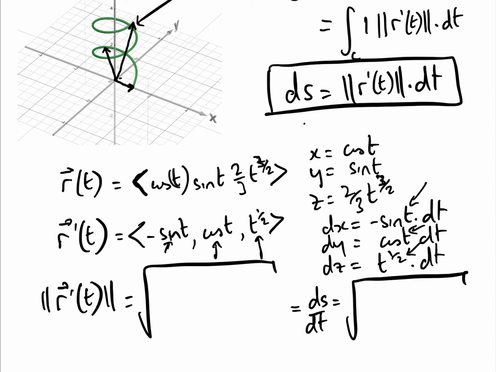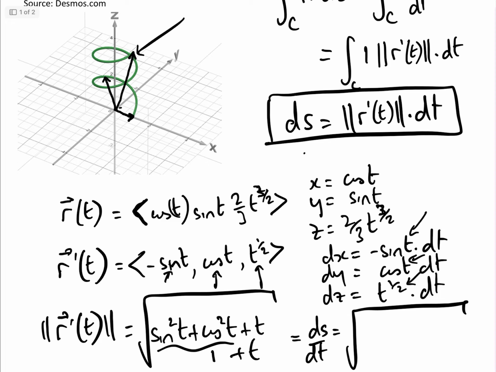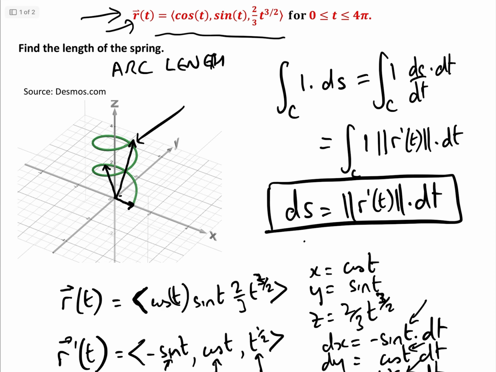So let's put it in here. It'll be the square root of sine squared t add cos squared t add t to the half squared, which is t. Sine squared add cos squared is 1, so that's the same thing as root 1 plus t.